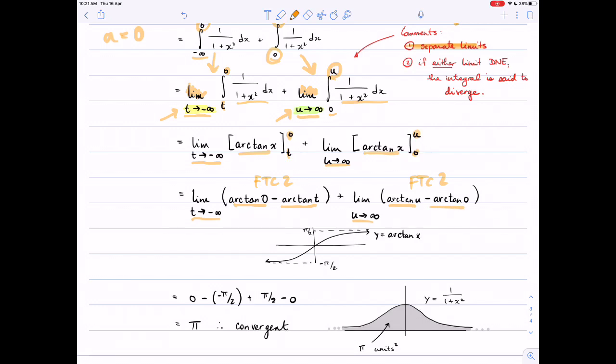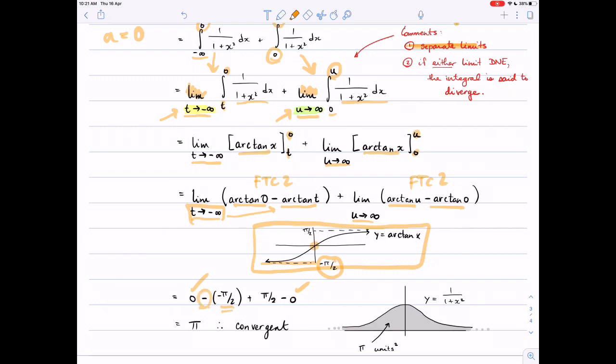So how to evaluate these? Well, you have to know what is happening in the arctan function. The arctan of 0 is just 0, so that takes care of this guy and this guy. As t goes to minus infinity, the arctan is approaching its asymptote of minus pi over 2.